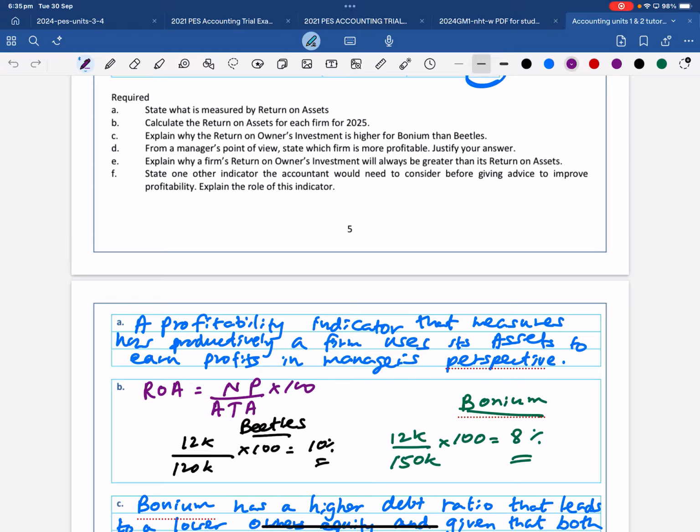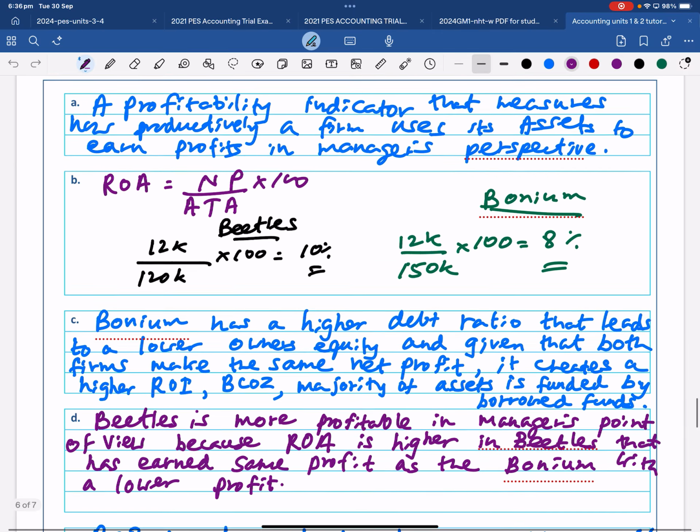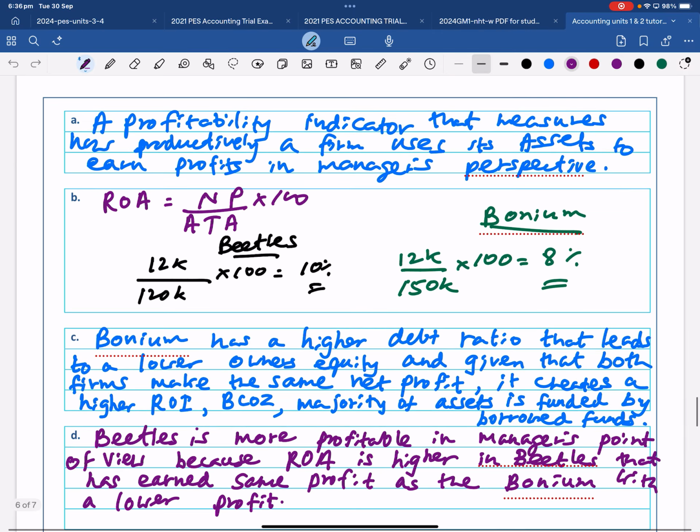Yes, and the other one is I think 28%. Okay guys, have a look at the answer and also please take down part C and D.